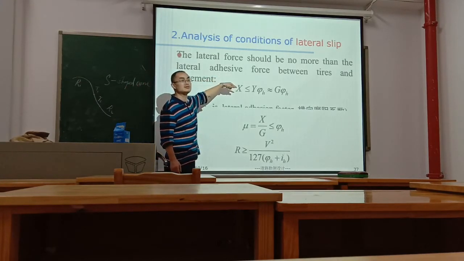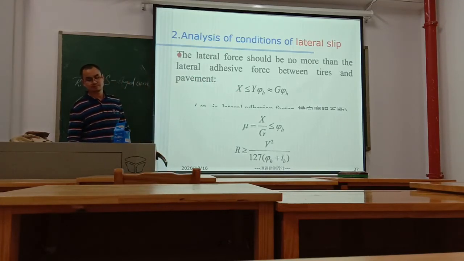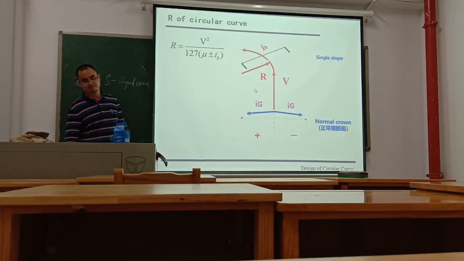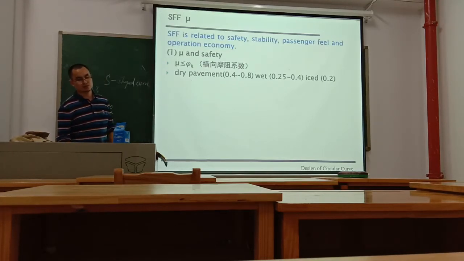On dry pavement, the lateral adhesion factor is 0.4 to 0.8.